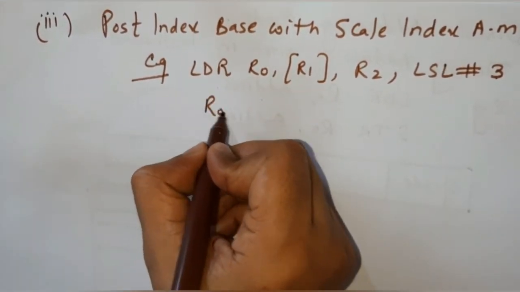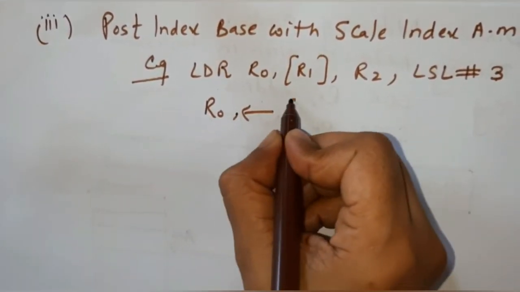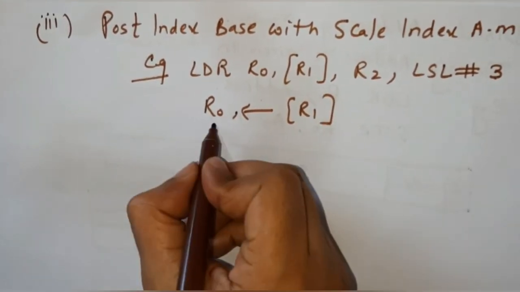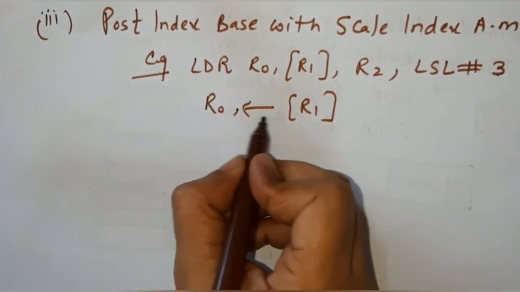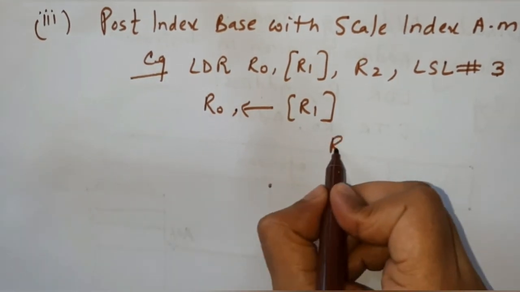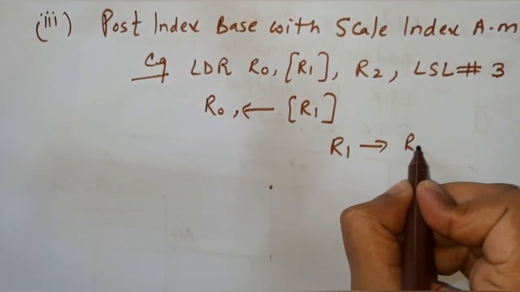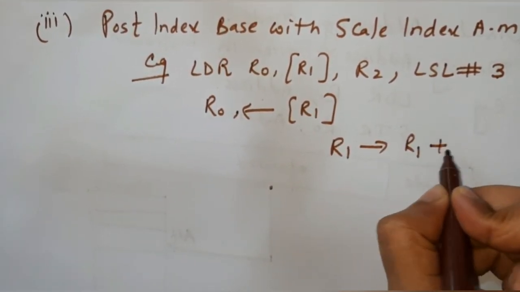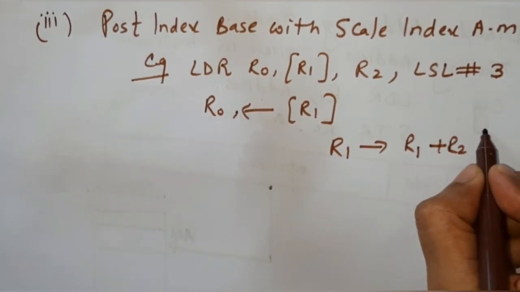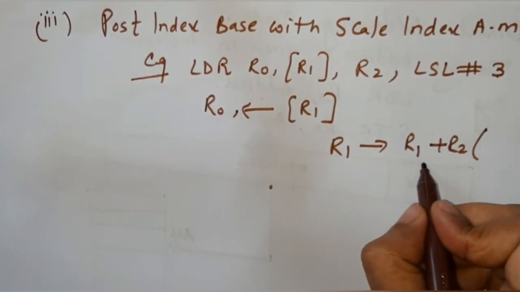Here the content of register R1 will be loaded to R0. Once this action is done, R1 will be changed to the new location, R1 plus R2 shifted.